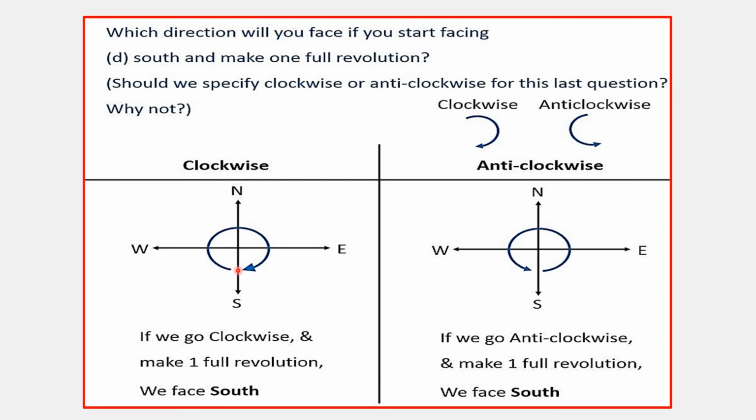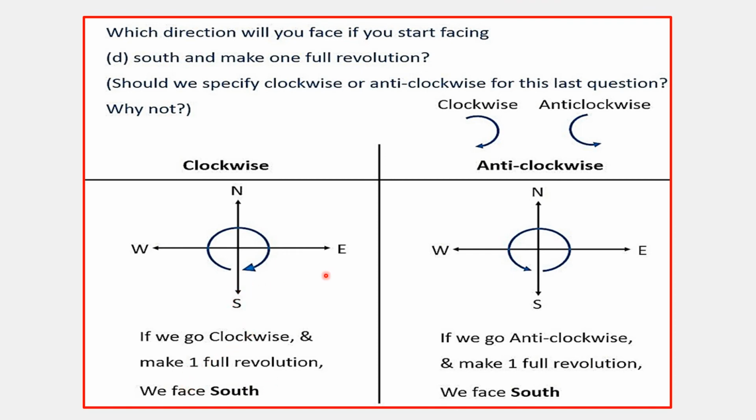See children, when you are moving clockwise, you are moving like this, and when you are moving anti-clockwise, you are moving like this, right? Remember children, when you are moving clockwise from south and taking one full revolution, where are you coming back to? You are coming back to south. Again, you are facing south.